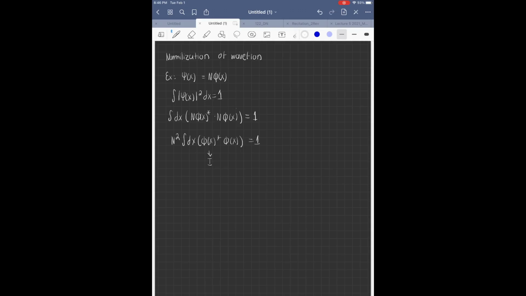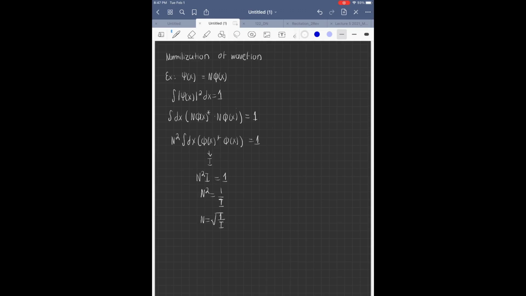So n squared times I equals 1, and then to find the normalization constant, we just put I on either side. This will be 1 over I, and this is just n equals 1 over I.